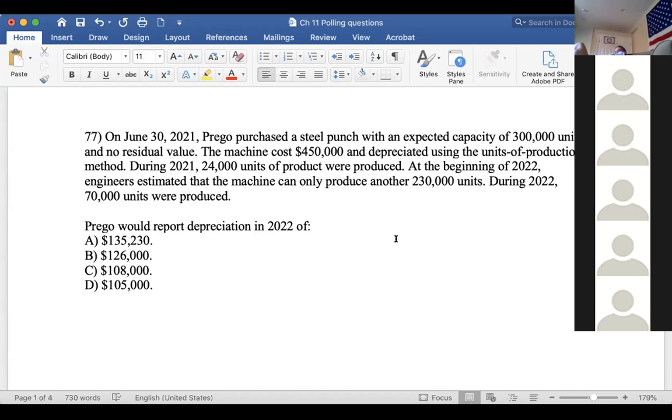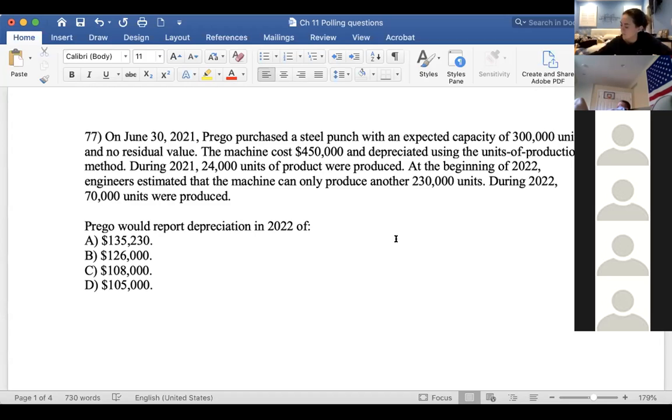Okay, so we know then what is at the beginning of 2022, so we only depreciated it 1 year. The engineers had a change in the expected capacity. So what was the book value as of the date of change? 414,000.